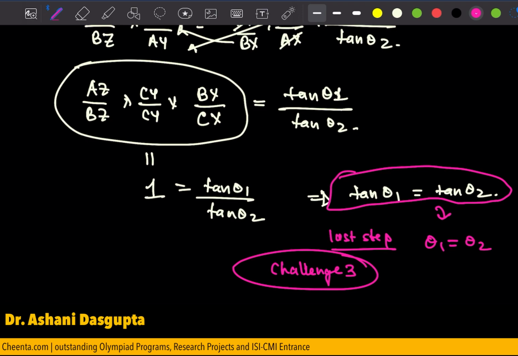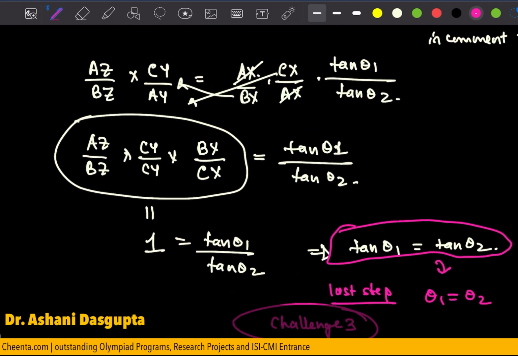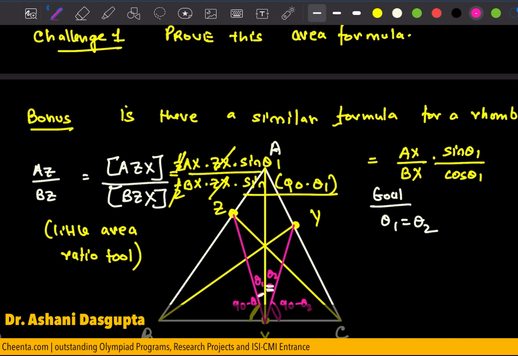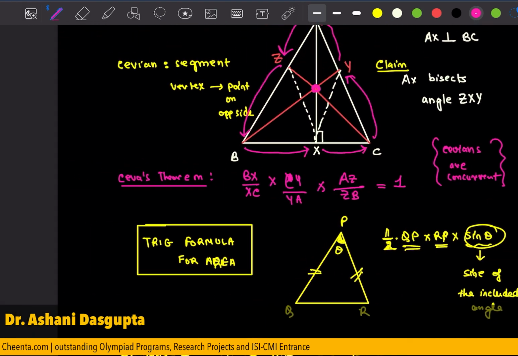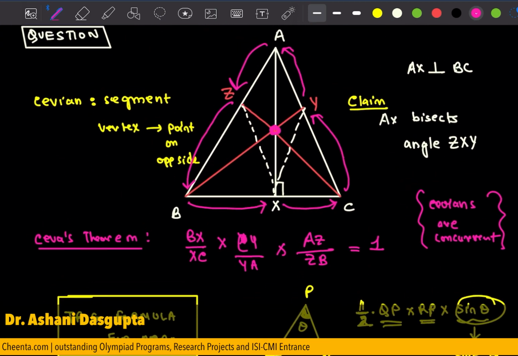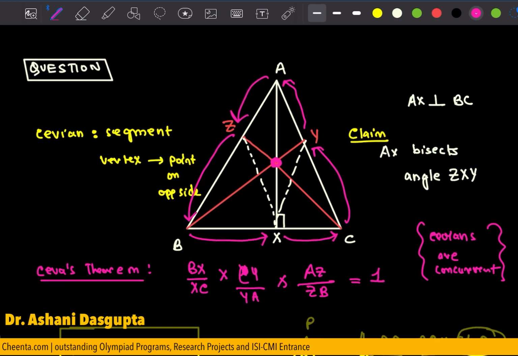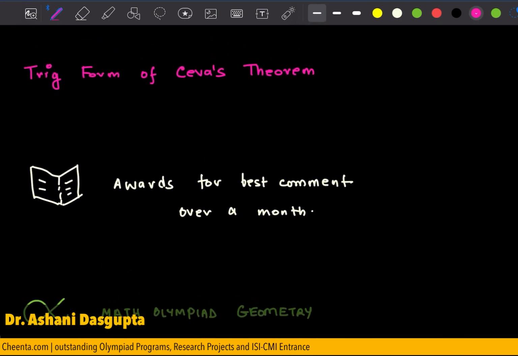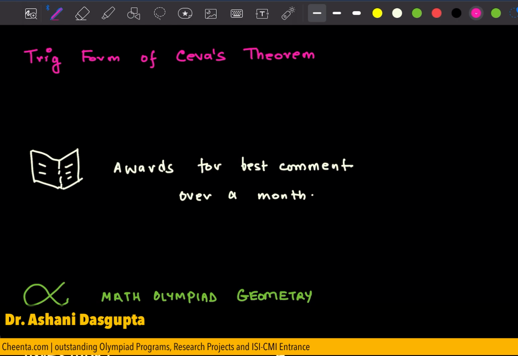Why does tan theta 1 equal to tan theta 2 mean that theta 1 equals theta 2? All of these are very subtle points, and as a student of mathematics, you should be very careful about the subtleties of geometry problems. I hope you learned something.